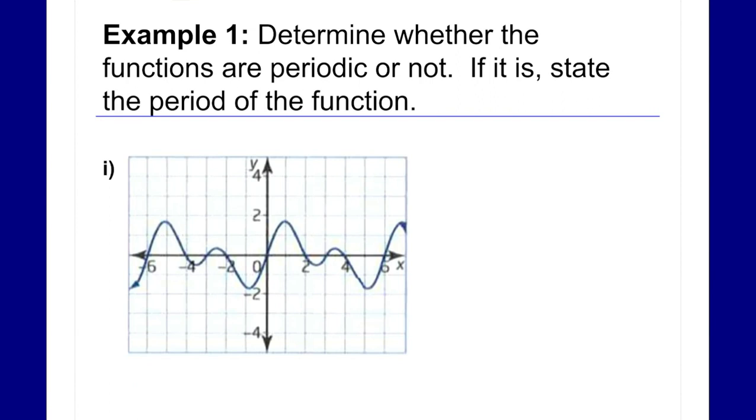All right, so let's take a look at a couple examples of finding the period, or the length of one cycle. Here we have a function. First thing we want to do is determine if it is periodic or not. There are different ways you could do it. You could look at the graph and ask, do I see an exact pattern that is repeating? Sometimes it helps to draw it out or sketch what you think one cycle is.